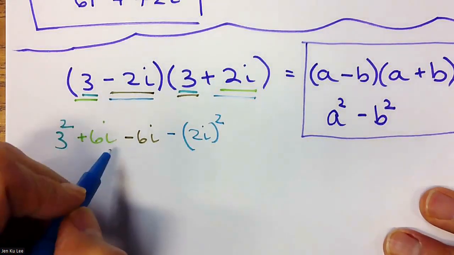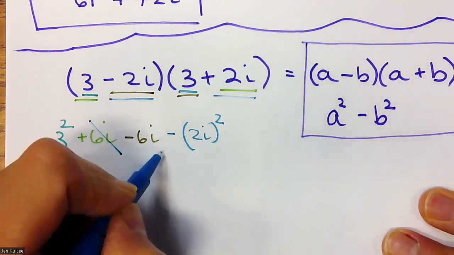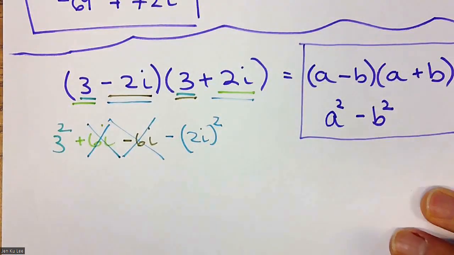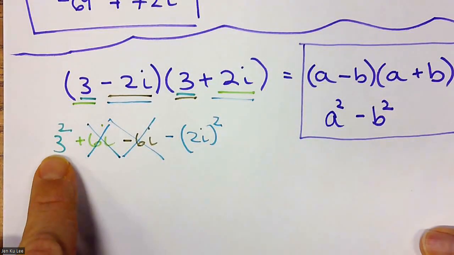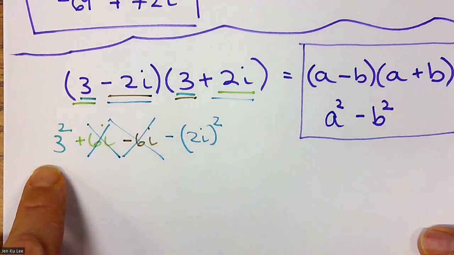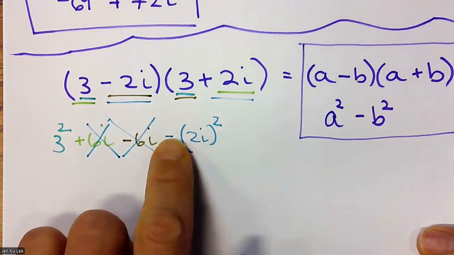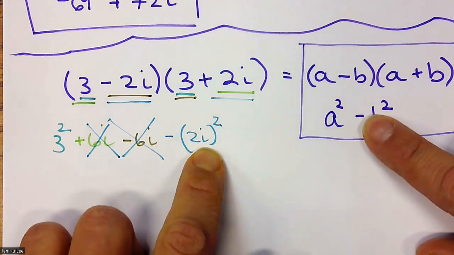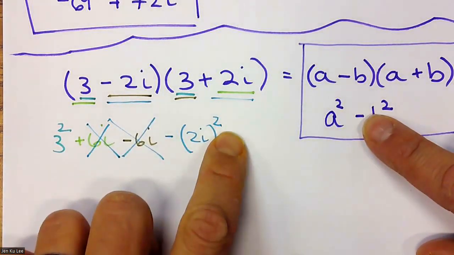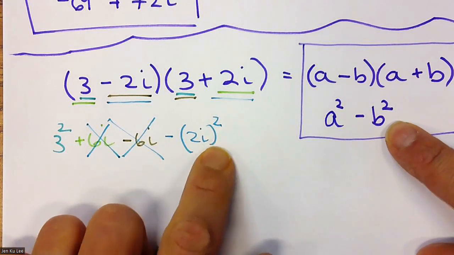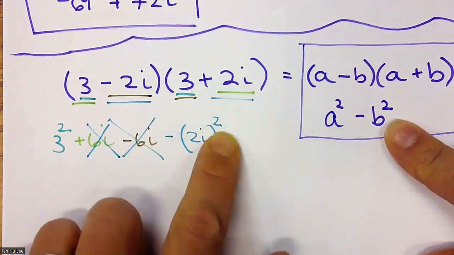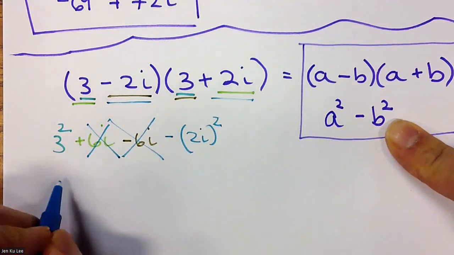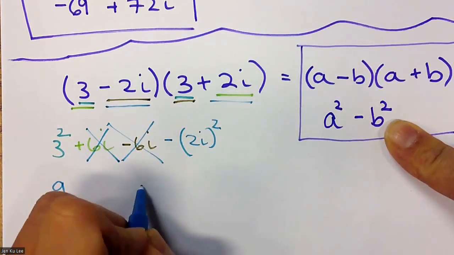So these two guys, 6i and negative 6i, they cancel out, right? And look what we have left. We have a squared, which is the first term squared, and we have minus b squared, which is the last term squared. Yeah? And all we're doing here is just simplifying this guy. Okay? So let's simplify that with that being 9.